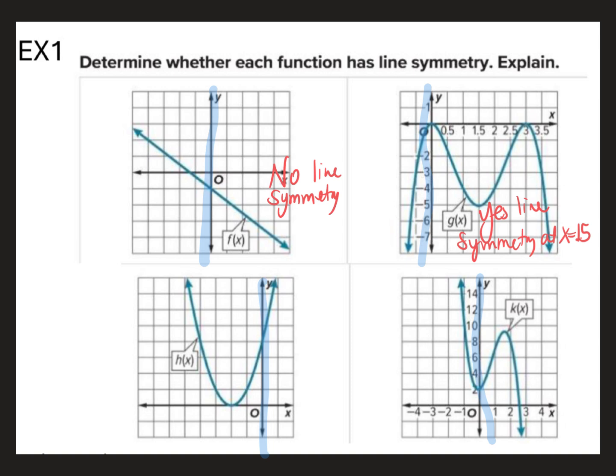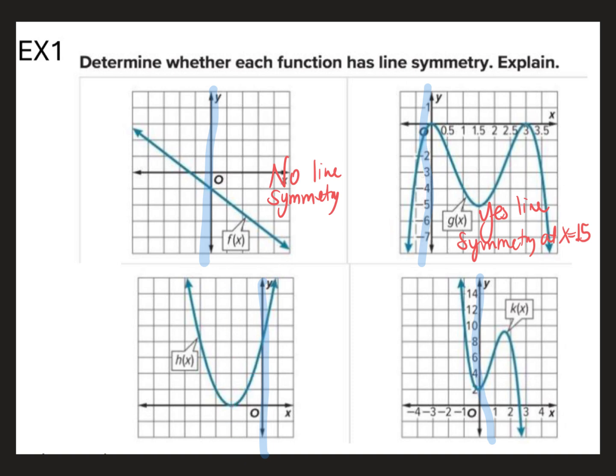Okay, let's look at the next one. Obviously, we said no for the y-axis. How about at x equals negative 1? No. How about at x equals negative 2? Yes. If you folded that curve along this vertical line, this curve and this curve would match.